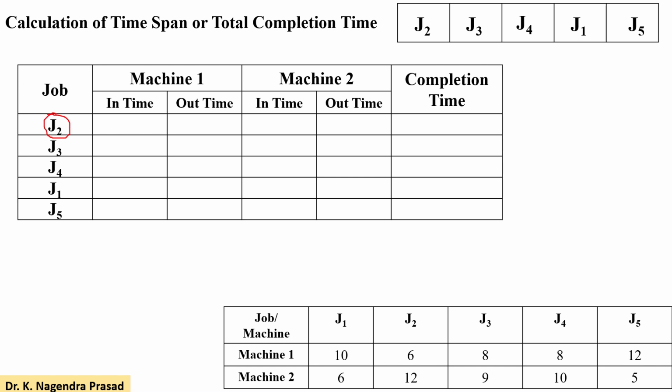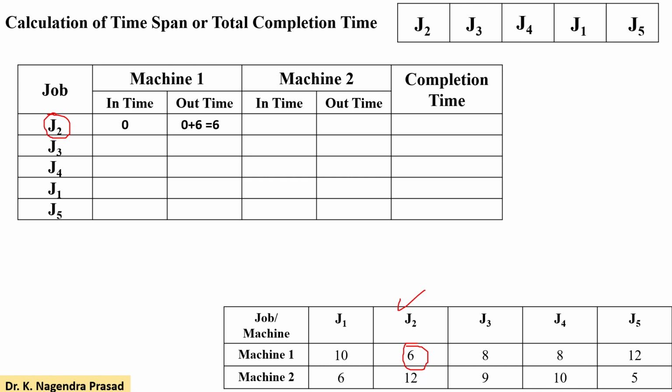First we start with the completion time for job J2, which is first in the job sequence. The in time for job J2 on machine 1 is 0 because it is the first job going to machine 1. We are assuming no waiting time. The out time is the in time plus the processing time. For job J2, the processing time on machine 1 is 6 hours, so the out time is 0 plus 6, which equals 6.